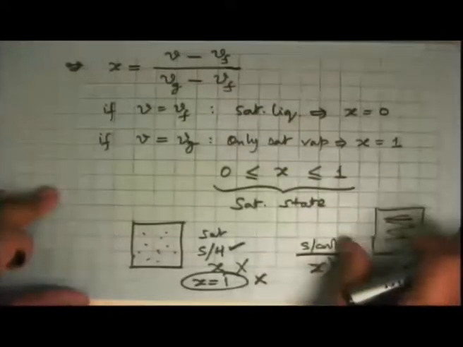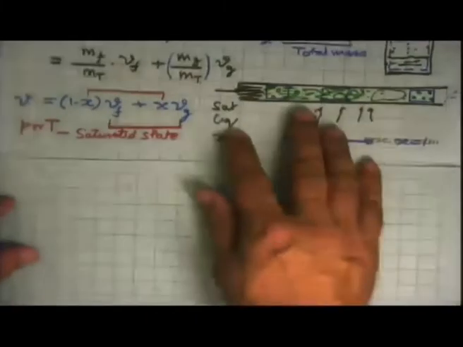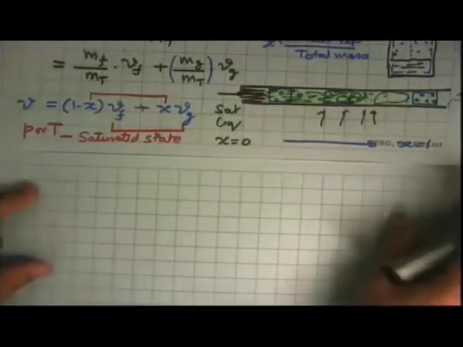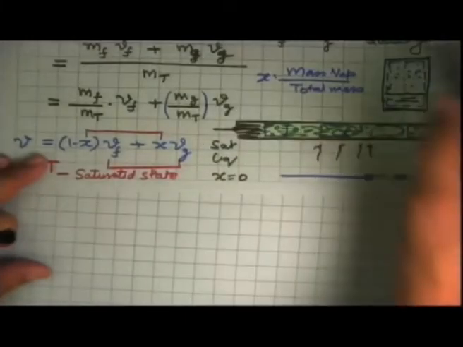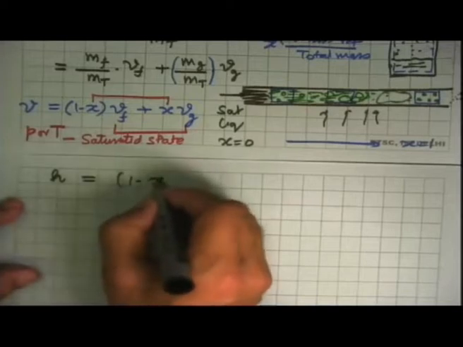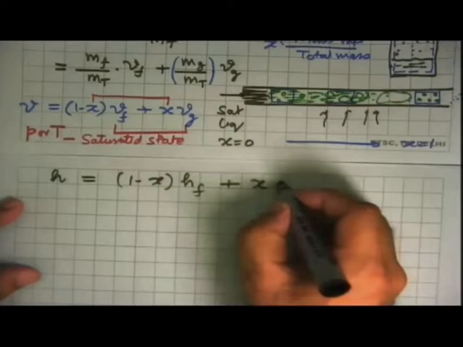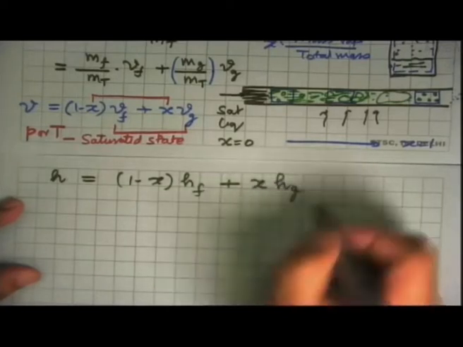What we had also mentioned is that we got this property relation in terms of specific volume, but the same thing also applies for all the other properties. So if you want to know what the specific enthalpy of this mixture is, we can say that h is equal to (1 minus x) times hf plus x times hg.